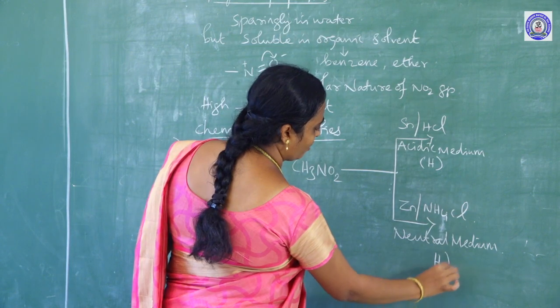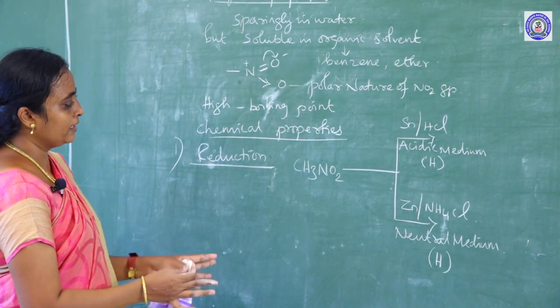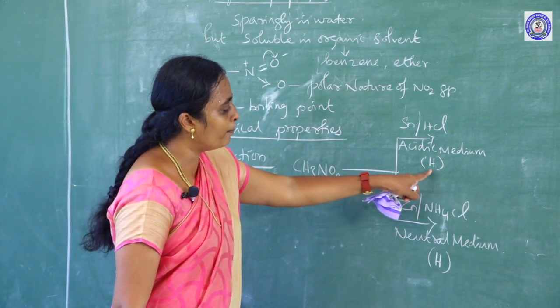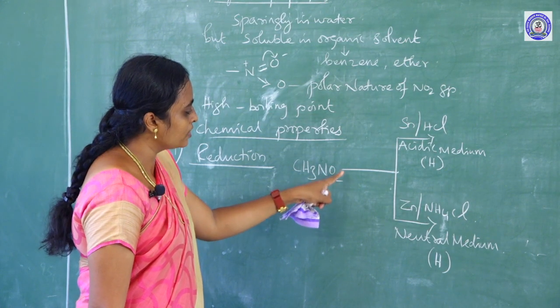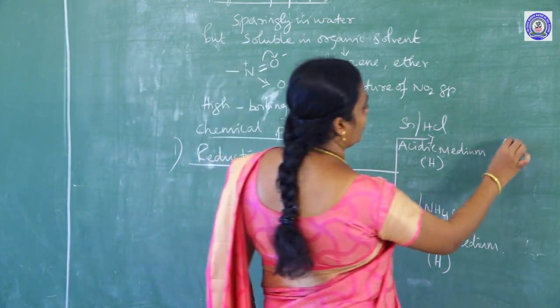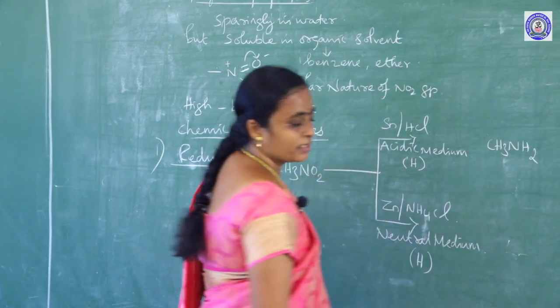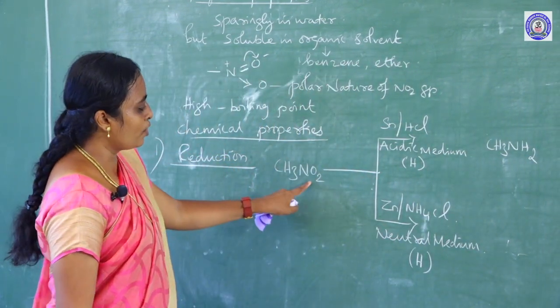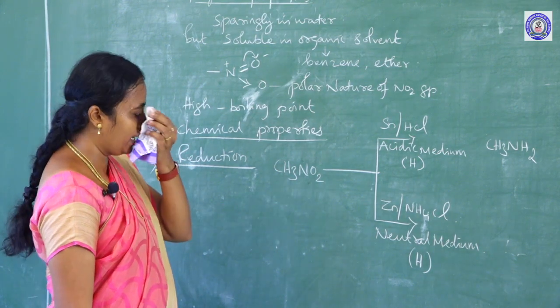It is nothing but concentrating on the hydrogen. But if you are using acidic medium, there will be complete reduction. I am going to eliminate the oxygen fully and you get CH3NH2 as a product. That is, the nitro group is completely reduced into an amine group.